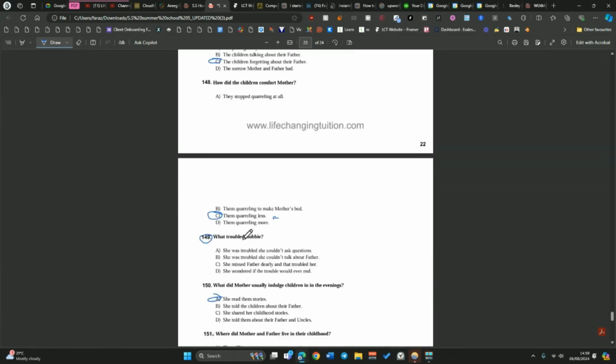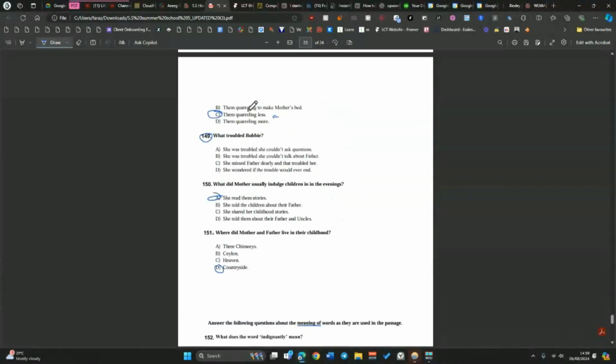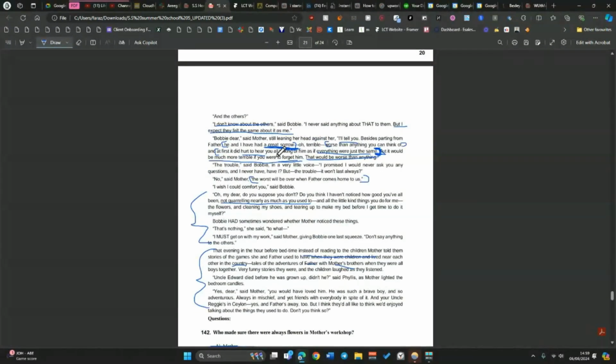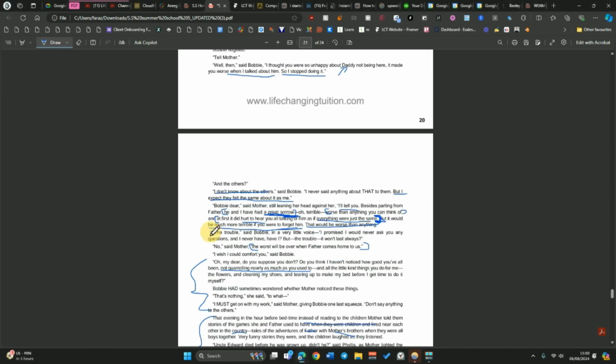So let's go back to question 149. What troubled Bobby? Let's see if there's any evidence for any of these options. She was troubled she couldn't ask any questions. She was troubled about when the trouble would actually end. Okay, here is where it says trouble. I've managed to find this. It says, "The trouble," said Bobby, in a very little voice. "I promised I would never ask you any questions, and I never have, have I?